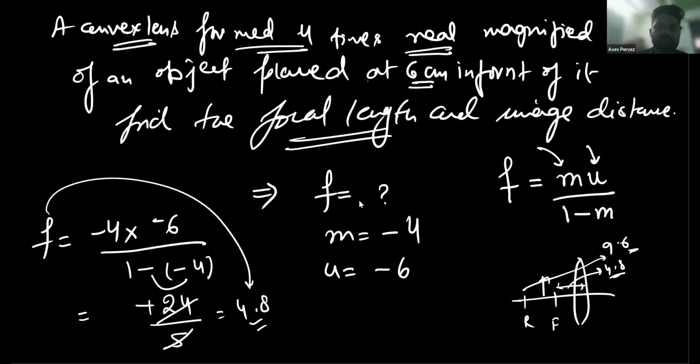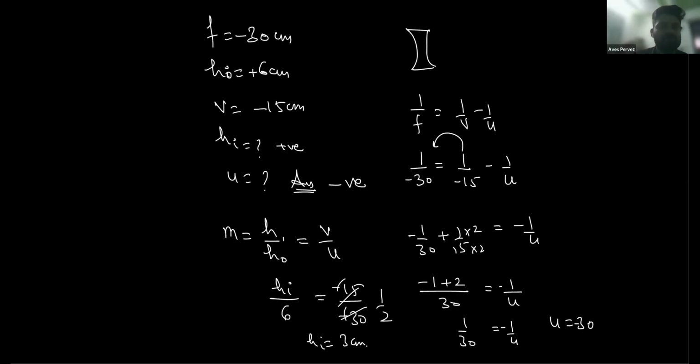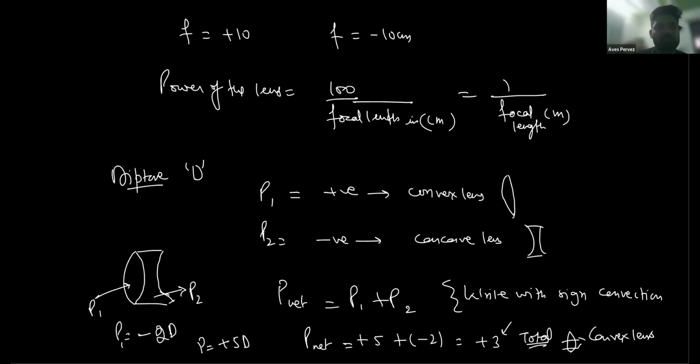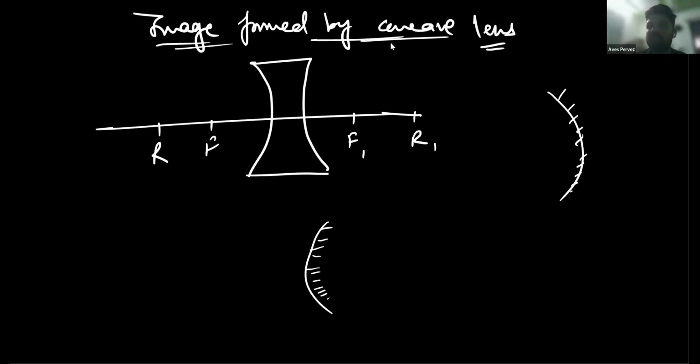So let's move further. You have to just put the value. What I'm teaching right now is the image formed by a concave lens. We have two cases.